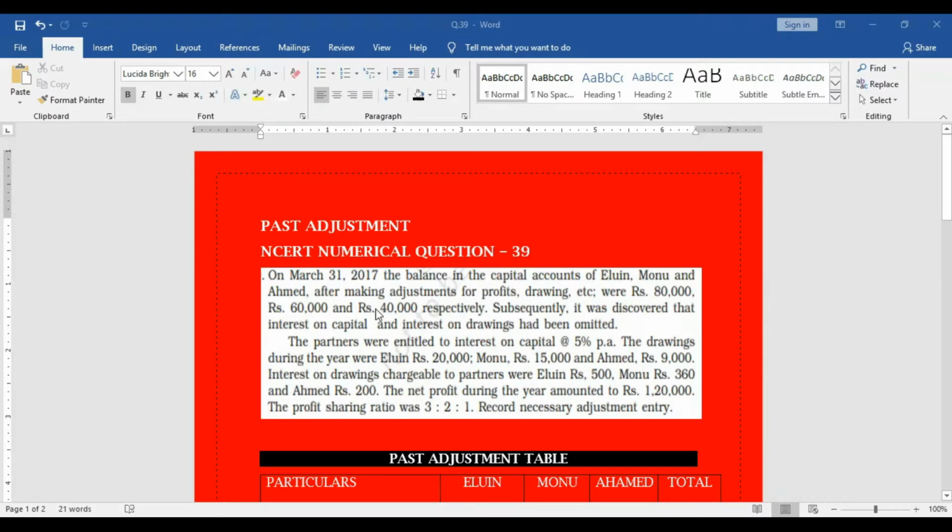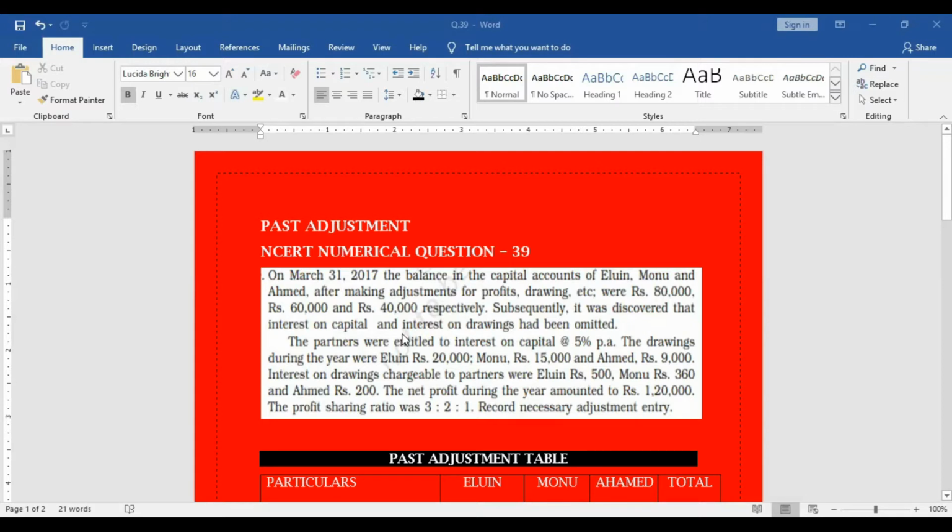The question given here is: on 31st March 2017, the balances in the capital accounts of Yelun, Monu and Ahmad, after making adjustment for profit, drawings, etc., were rupees 80,000, rupees 60,000, rupees 40,000 respectively. Subsequently, it was discovered that interest on capital and interest on drawings had been omitted.